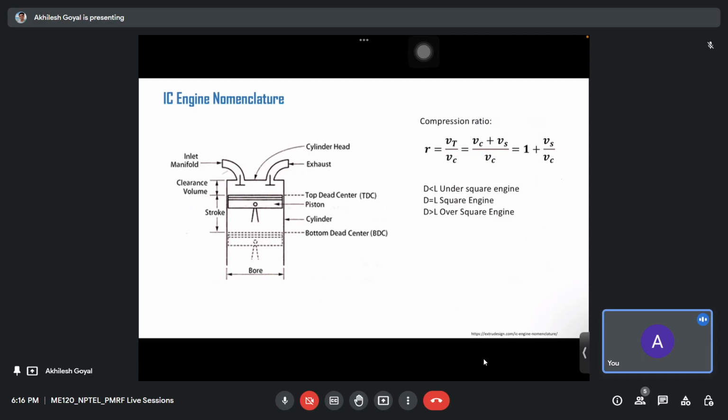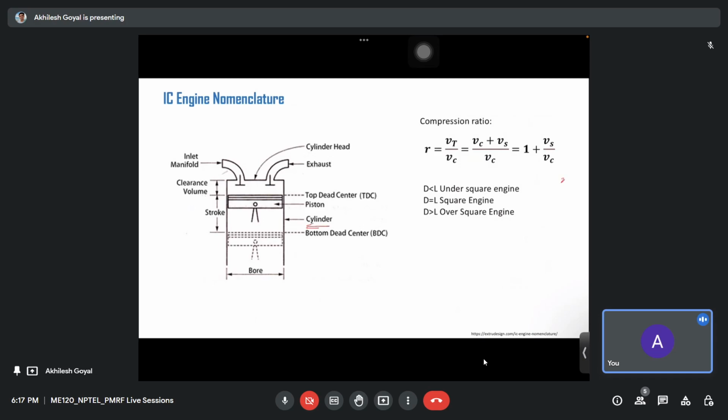So what are the other parameters or nomenclatures that we should know before we discuss the IC engine? Here you can see this whole rectangular part is the cylinder.